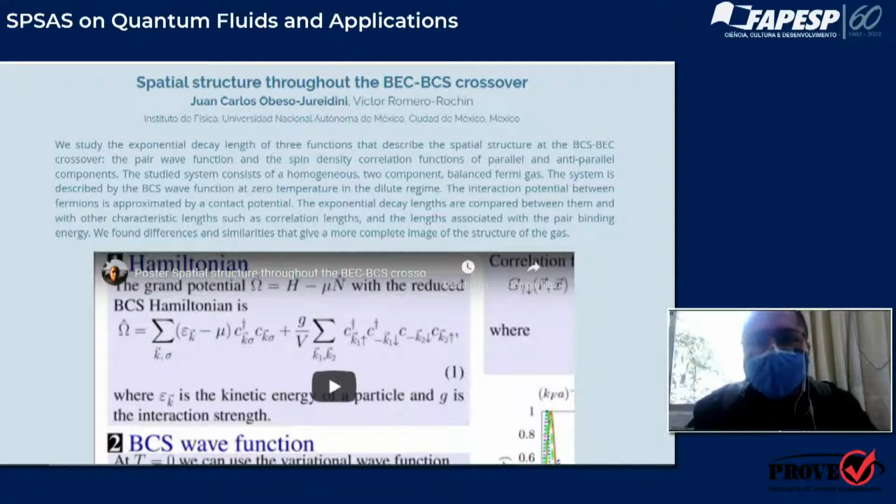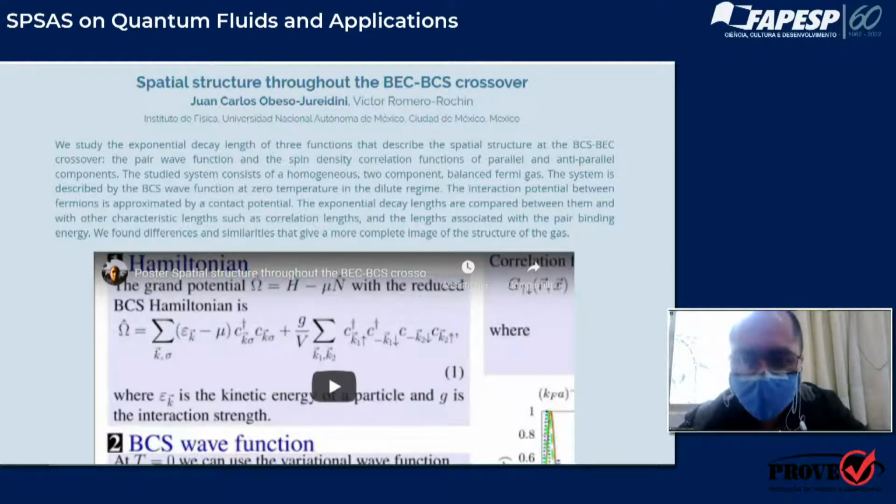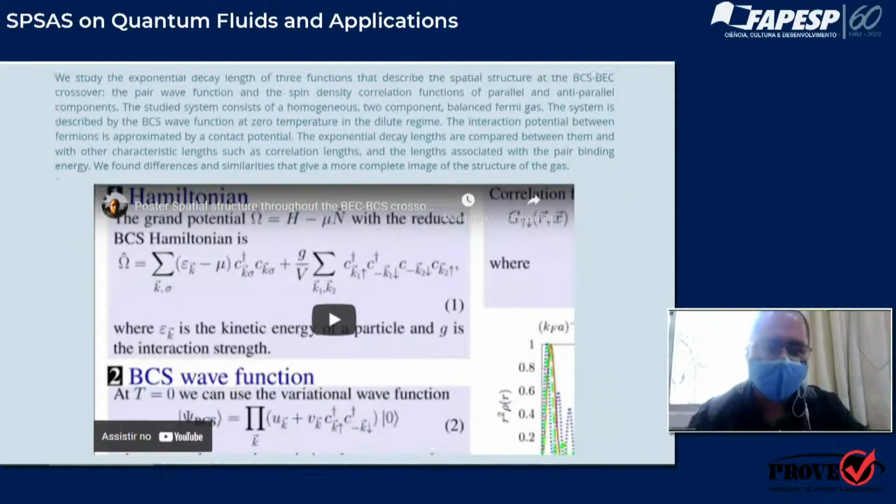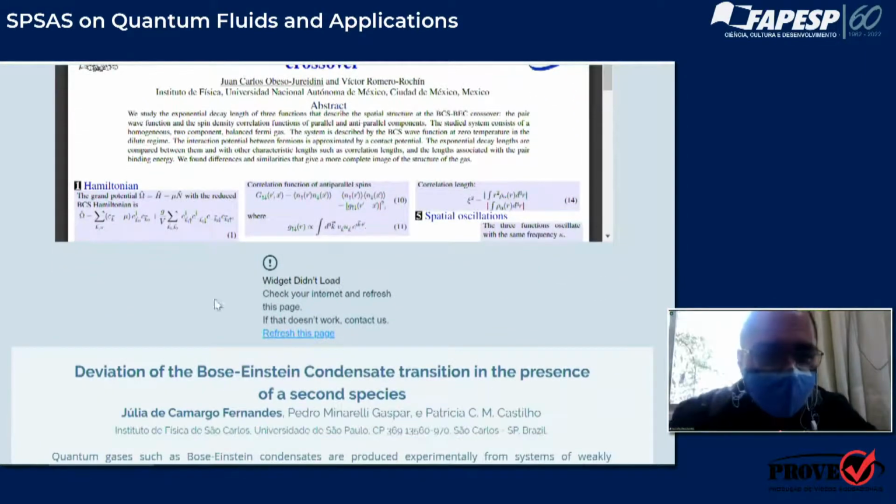And we found that they have an exponential decay behavior and also an oscillatory behavior. We associated the exponential decay with binding properties that can be calculated within the mean field model. I will answer the 2 questions that I have on the web page.